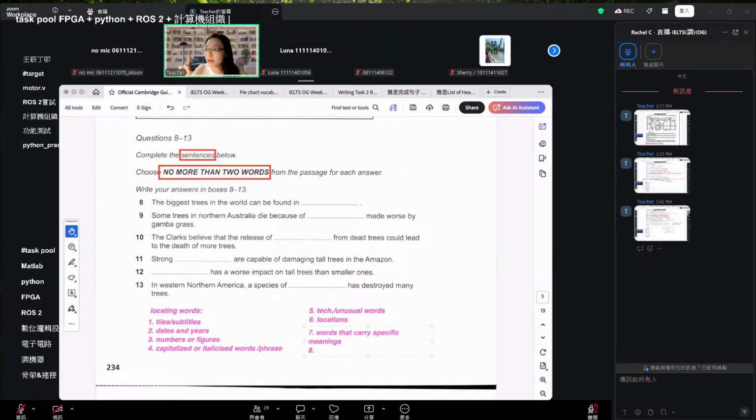Allow me to introduce number 8. The first few words in the sentence.